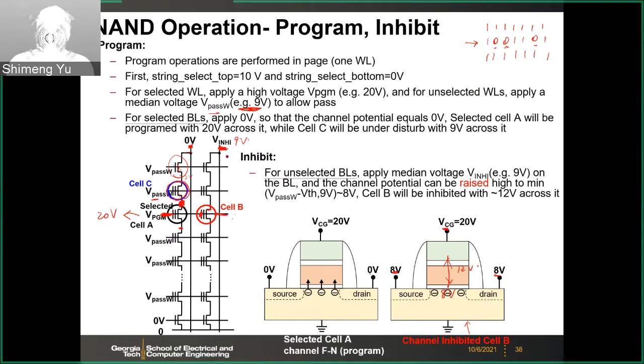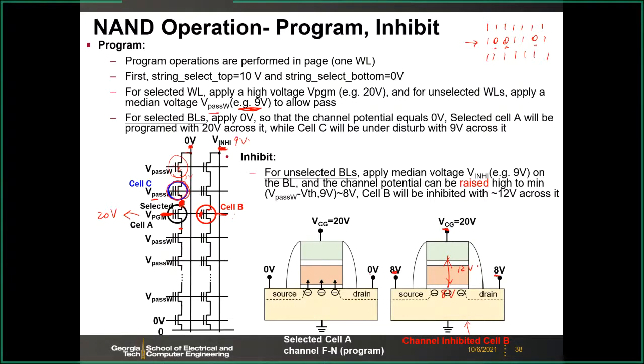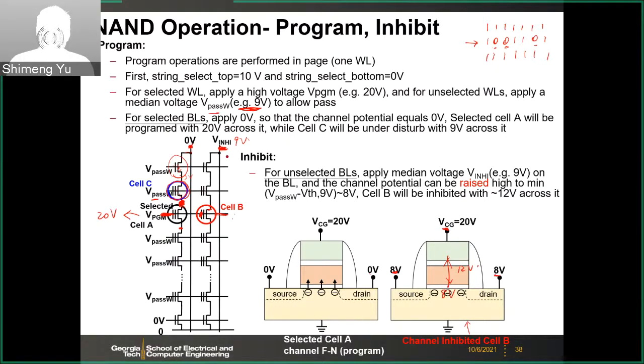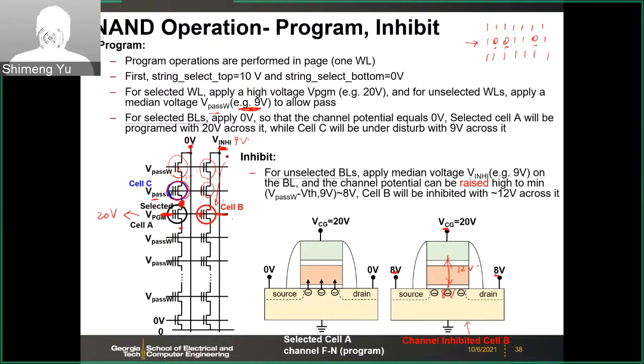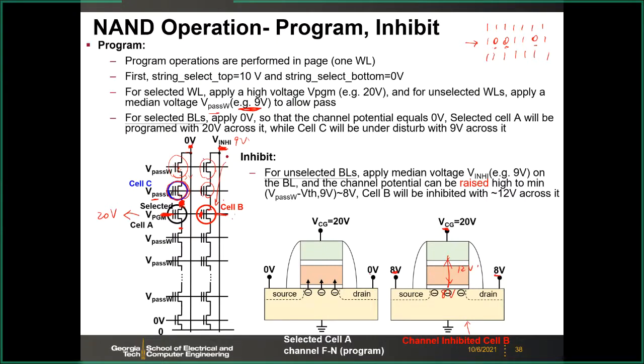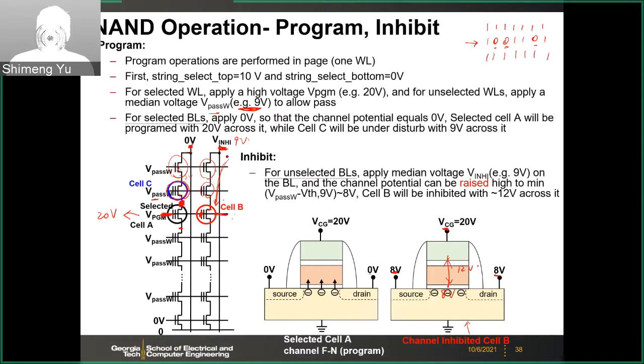And then here, those two cells need to pass the 9 volts down to here. And here the V pass W is critical. You need to have the V pass W a little bit larger to pass this voltage.